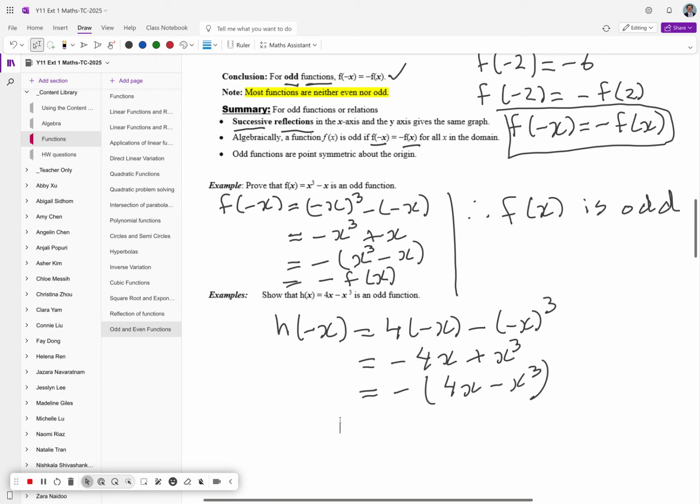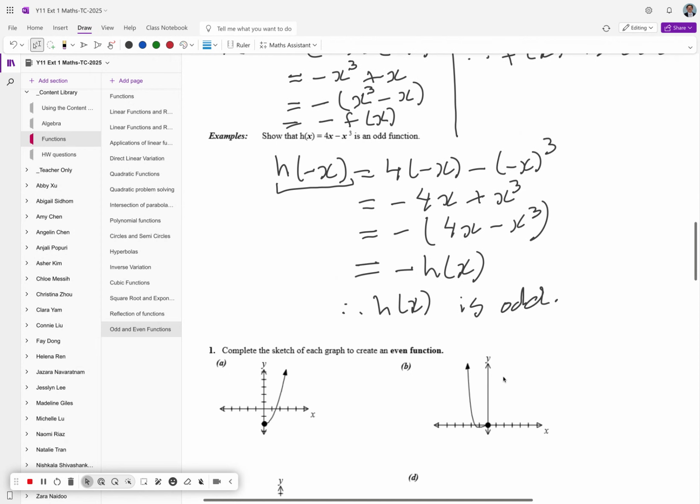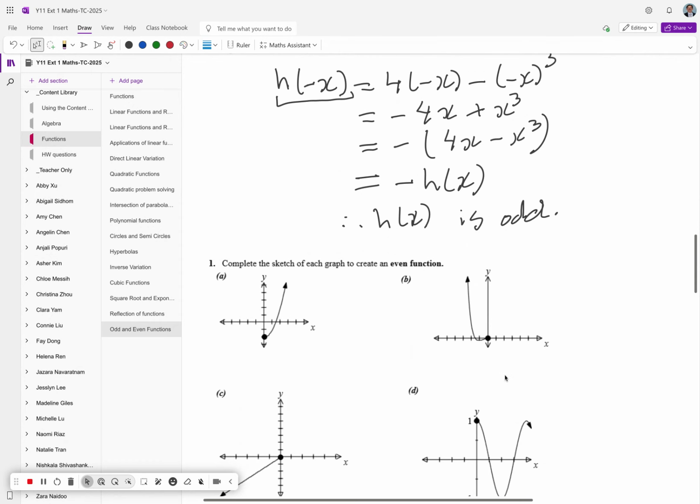So that gives me minus, now 4x minus x cubed is h of x, isn't it? So I've proven that h of minus x equals minus h of x. So therefore I can say h of x is odd. Alright, so that's algebraically how to prove a function is even or odd.